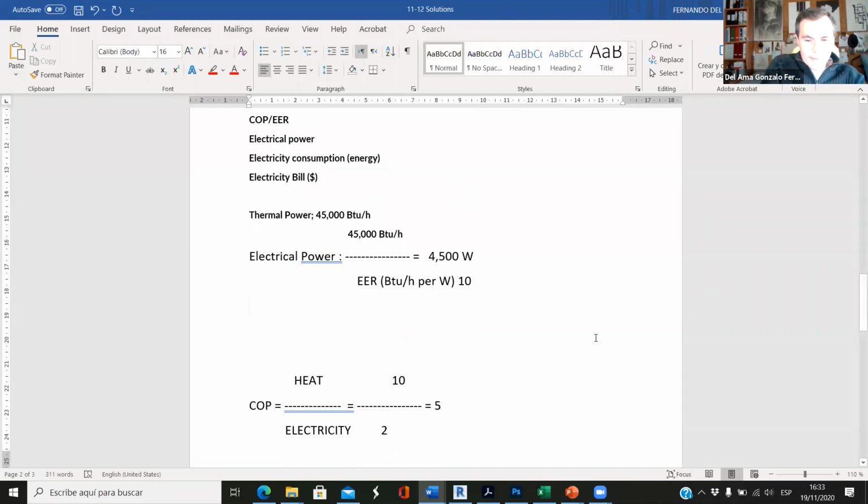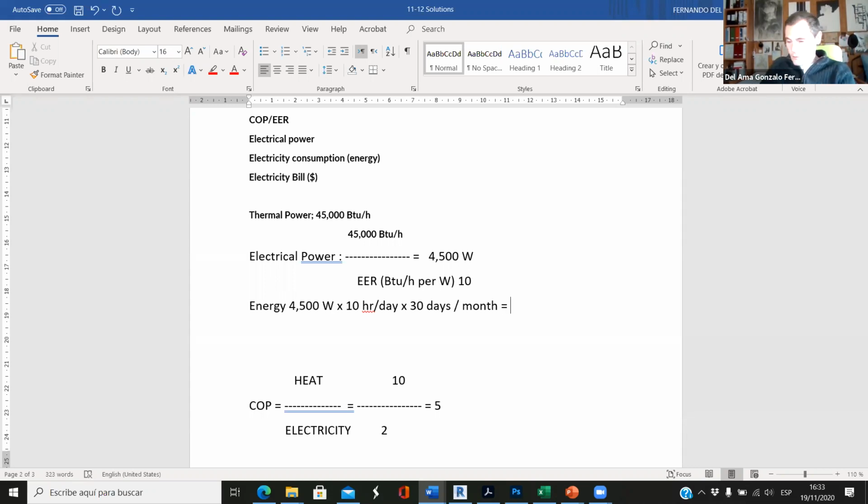Now, what is the energy? The energy depends. This is our power. This is 4,500 watts times how many hours? Let's say 10 hours per day times 30 days per month. Okay, so what is the energy?